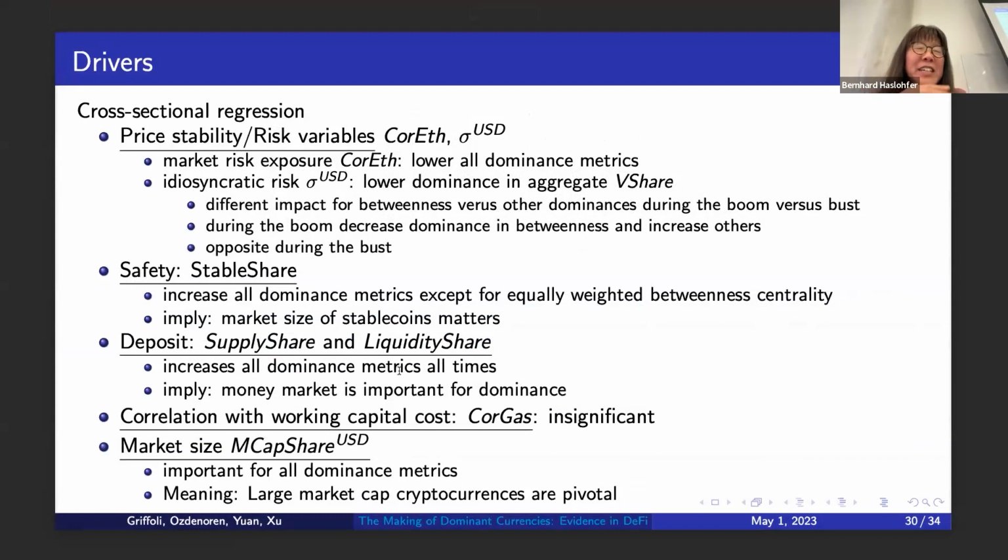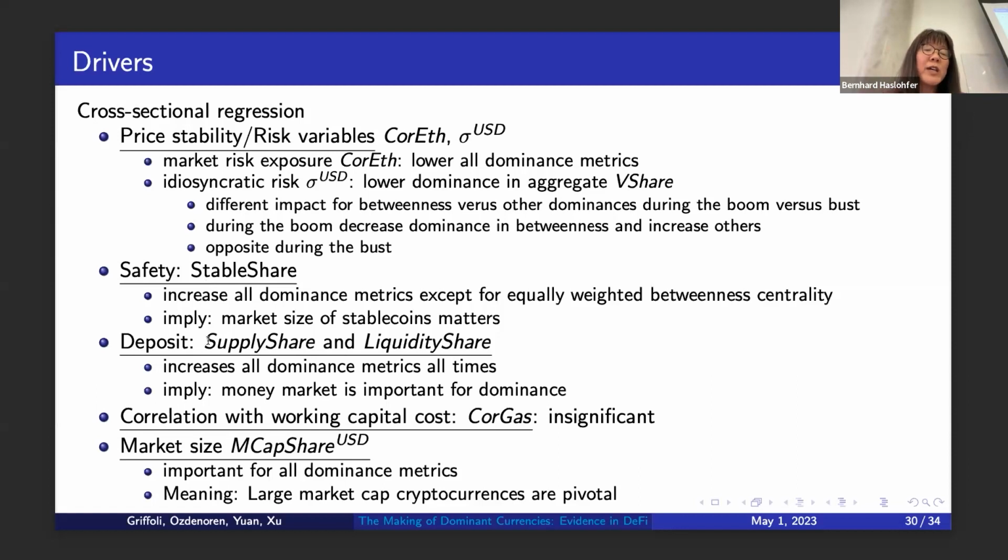This is a cross-section, no regression, because we have 50 tokens. We have all their characteristics, their risk characteristics, in terms of market risk, idiosyncratic risk, while also in terms of safety. For the stable coins, we look at the percentage of market share, so basically how safe it is.